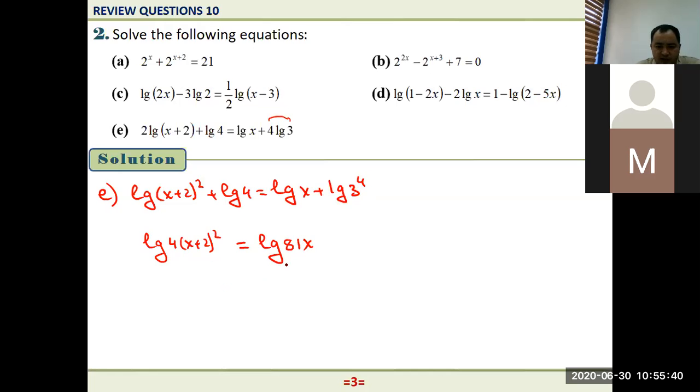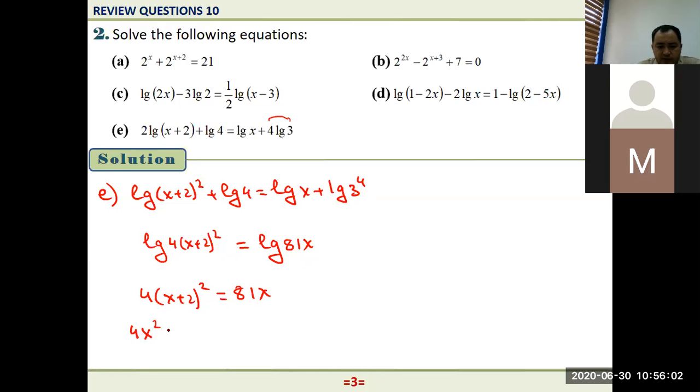So we need to solve this equation to solve that logarithmic equation. The bases are the same, so for these to be equal, the arguments should be equal to each other.